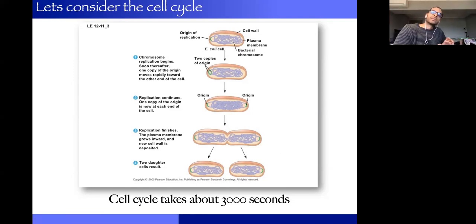This takes about 3,000 seconds. This whole process. Okay. Now let's think about this. So I have to take one cell with 10 to the 6 proteins, 10 to the 10 water molecules, 10 to the 7 ions, and I have to do some work to generate 2 of these objects with the same number of species.